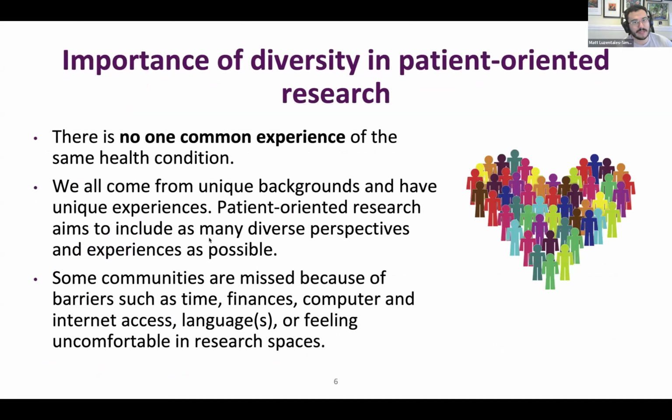When doing patient-oriented research and engaging with patient research partners, and just hopefully people in general as you move through life, it's really important to recognize the unique lived experiences that all people bring to the table. Even among groups of people who might be living with the same health condition, for example, chronic kidney disease or type 1 diabetes, there's no single or common lived experience among that group of people.